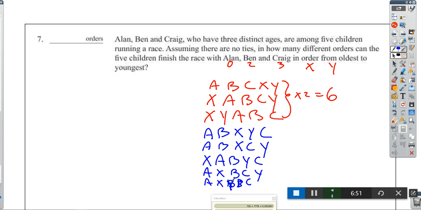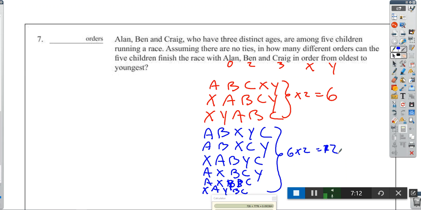The other way I can manage this is I could put X in front of A, right? So I could have X, A, Y, B, C. Now, that gives me 6 different ways, and then I can flip-flop A and B. So 6 times 2 is equal to 12.